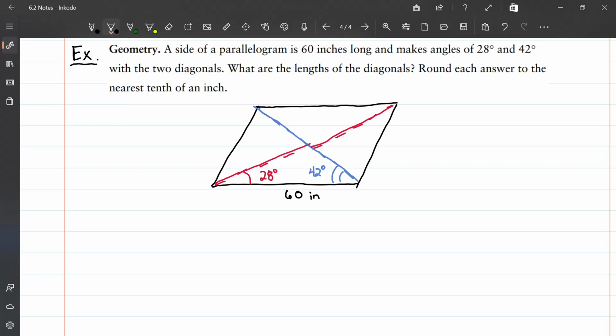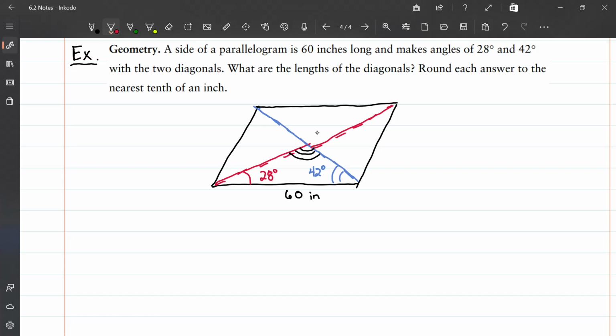Since I have got law of sines information, it sounds to me like if I want to get the length of this red side here, I better be using law of sines. And just like the last time that I did this, since it's angle, side, angle, I better find out the angle here that I've indicated with three curvy lines. Luckily, though, that's not going to be too bad.